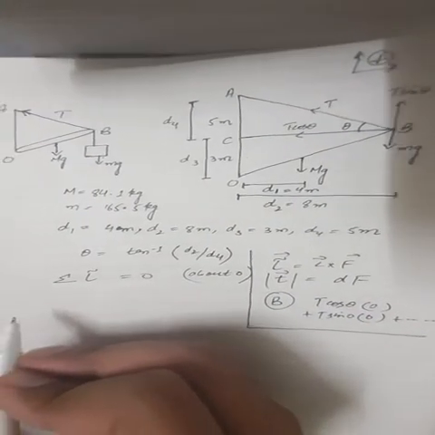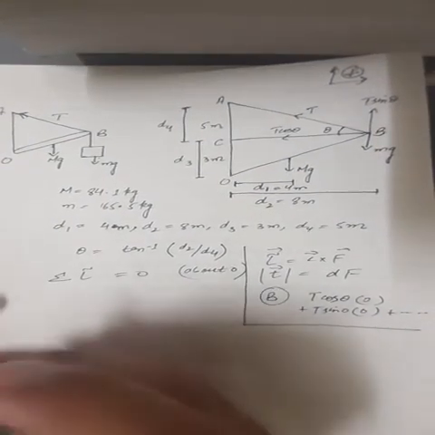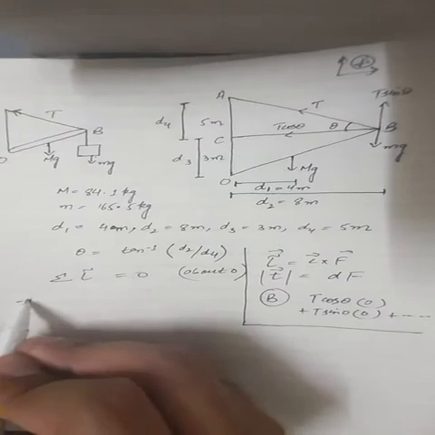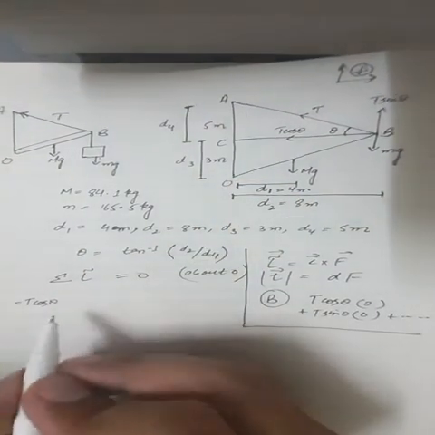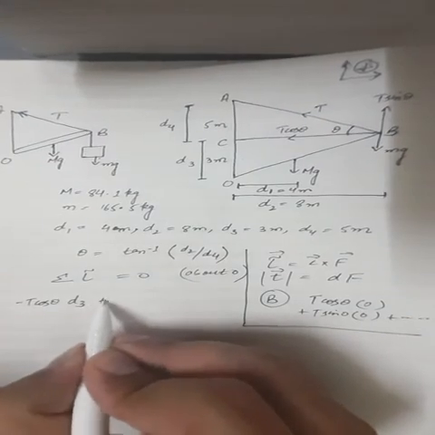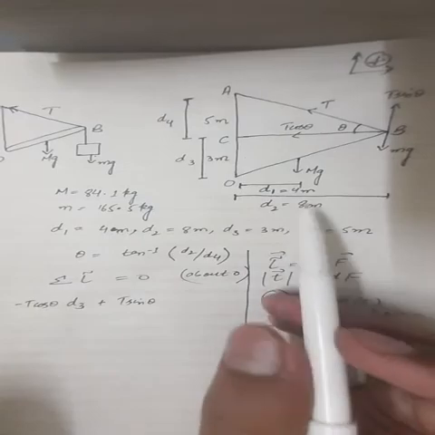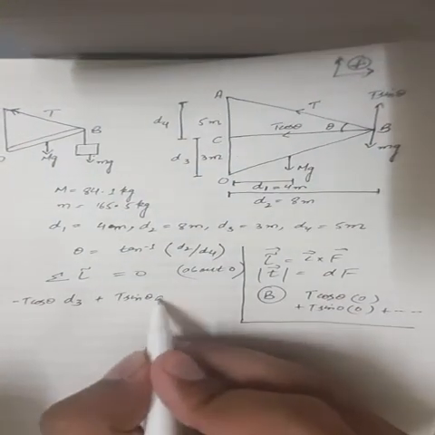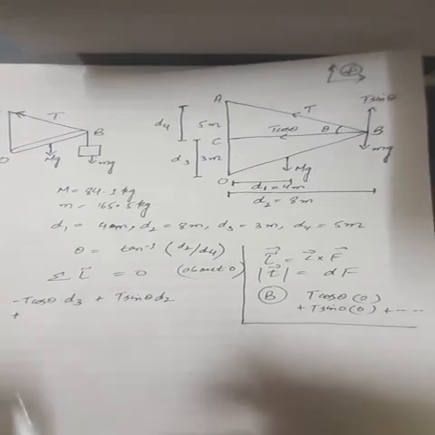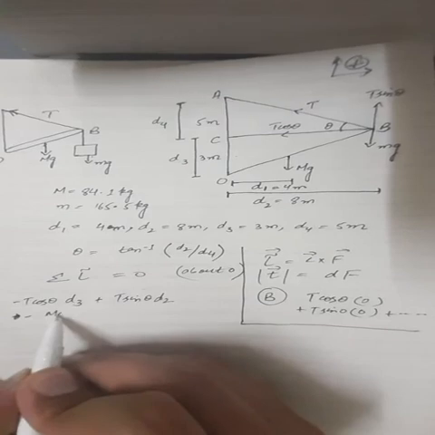What's the first torque that we should write here? It's negative T cos theta. What's the perpendicular distance? That's d3, plus T sine theta. Now what's the perpendicular distance? That's d2, right? d2, okay, plus this would be minus capital Mg.